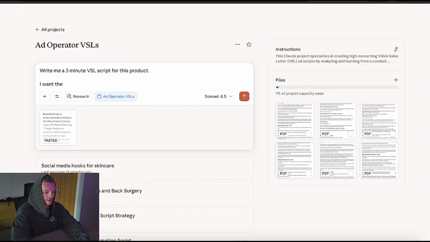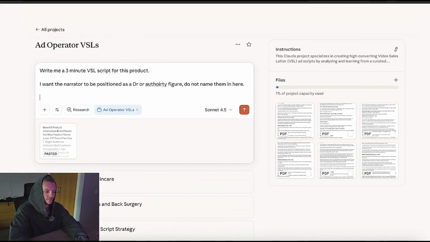I want the narrator to be positioned as a doctor or authority figure. Now what I'm going to say here is do not name them in here, because a lot of the time if you use a doctor, they're going to be like Dr. Phil or Dr. Jeremy or whatever it is. They're going to add a name, and I don't want the name in here. I just want them to speak as if they are the authority figure.